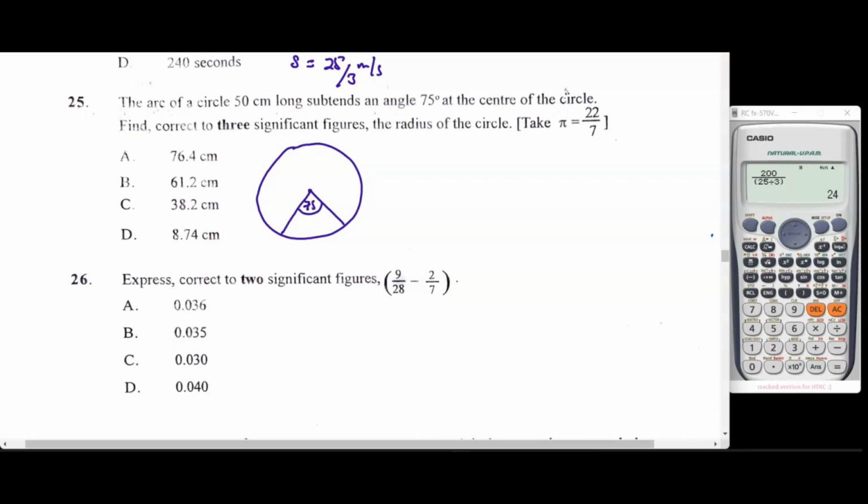So 75 degrees is here, the arc, and this 75 degrees subtends on a given arc. So let me call the arc L, and the length of that arc is 50 centimeters. So L is 50 centimeters. We should use this information to determine the radius of the circle.